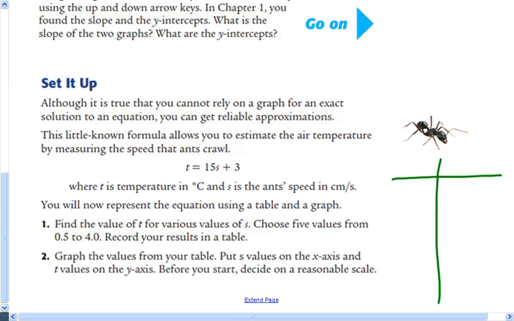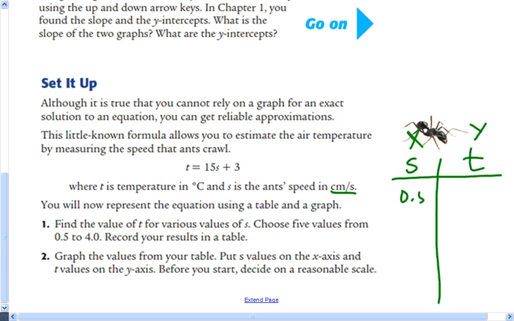Now remember on our calculator, s is x and t is y. And remember, s is the speed of the ant in centimeters per second, and T is the temperature in Celsius.